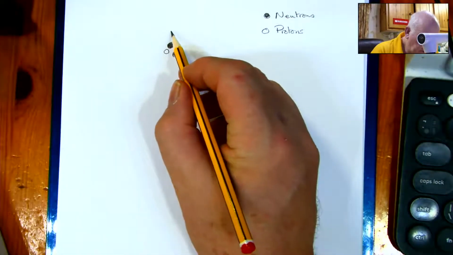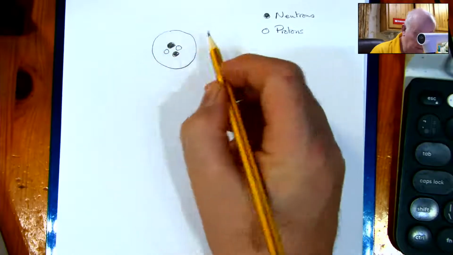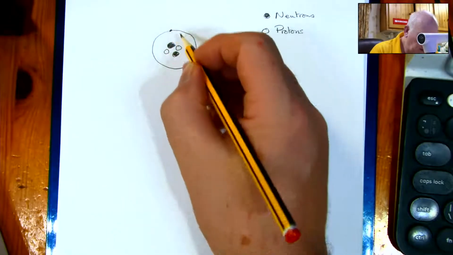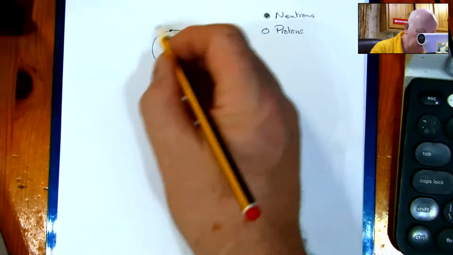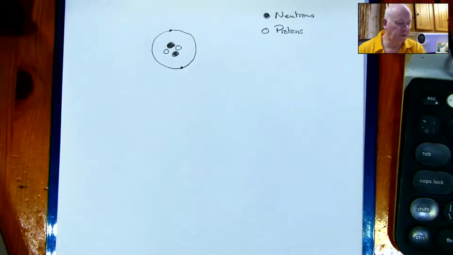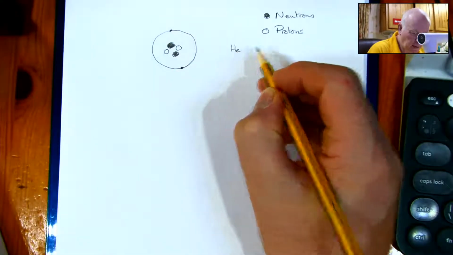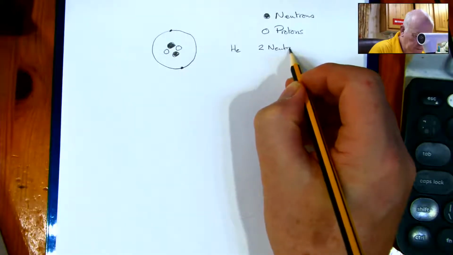And going round this at a considerable distance away, this is certainly not drawn to scale, we've got a couple of electrons here in the same layer. This is an atom of helium. It contains 2 neutrons.